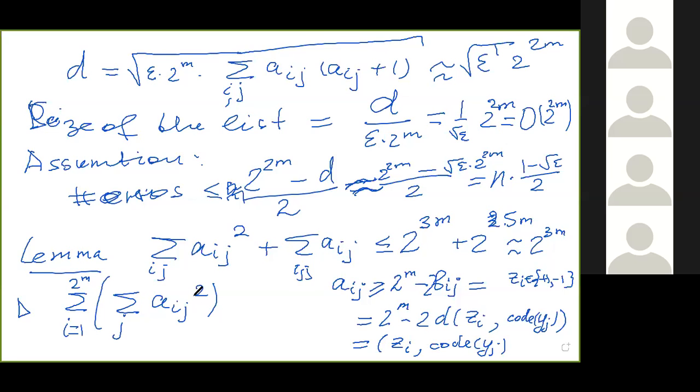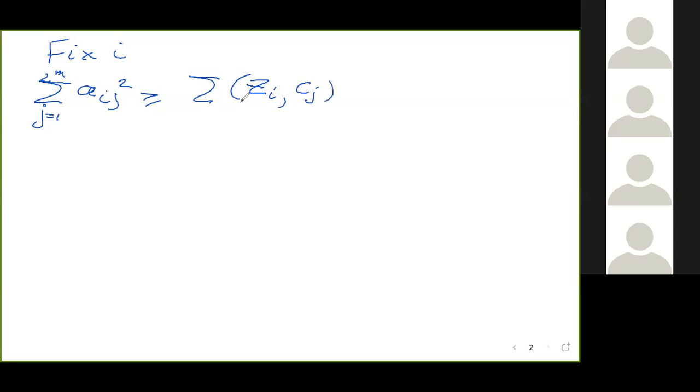So let's rewrite it now. So we have fixed i, and so this sum over j of aij squared is at least the sum of the inner product of zi, which is fixed, and here we sum up over all code words of Hadamard code. So Cj is a code word.